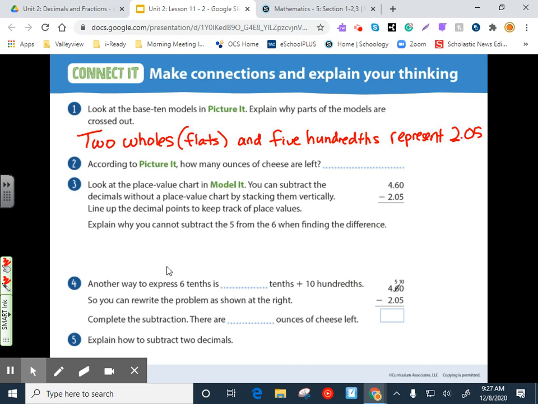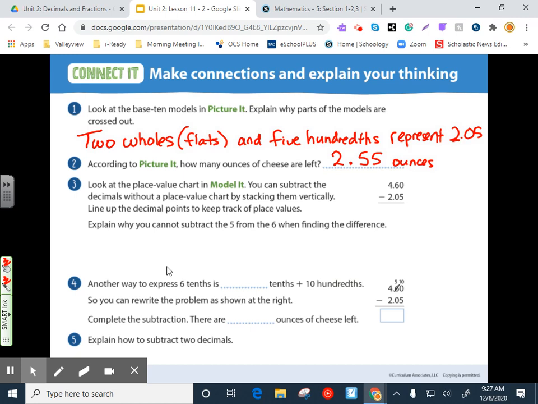So they're literally doing a subtraction problem where they're subtracting or deleting that amount from it. According to the picture, how many ounces of cheese are left? Well, that's easy because we've solved that before. 2 and 55 hundredths ounces.